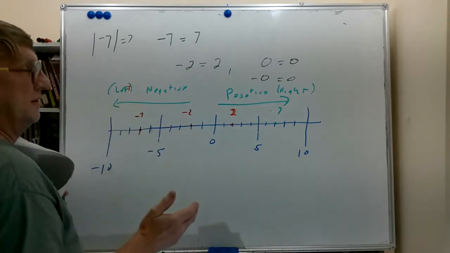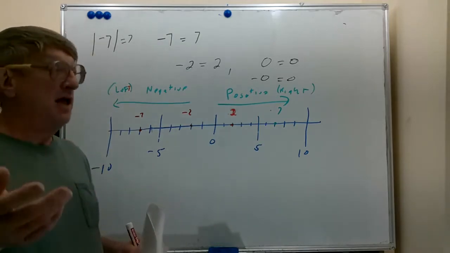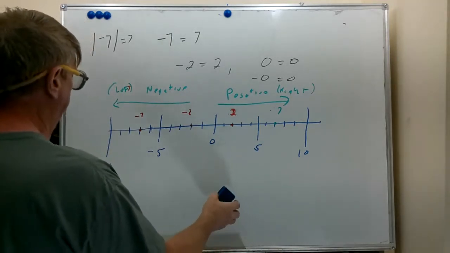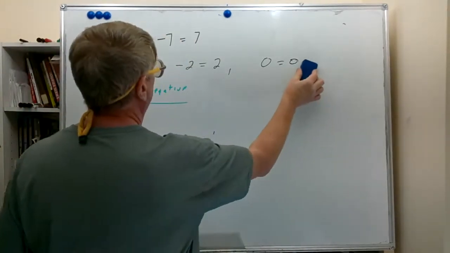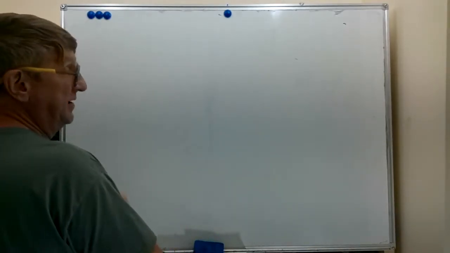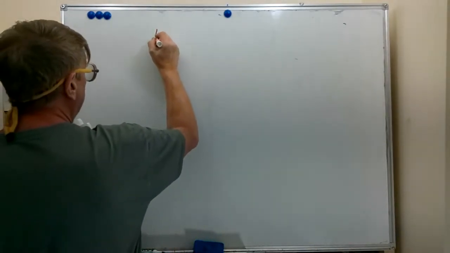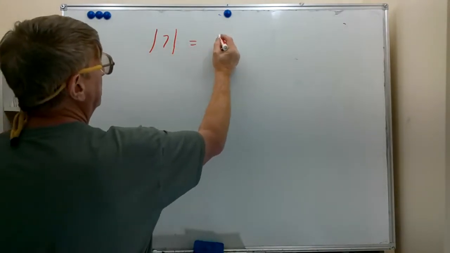So really all we're wanting with absolute value is how far from 0 on the number line a particular number is. We just drop the negative sign, but at the same time, we say the absolute value is 7. I put the bars on here this time. That's equal to 7.